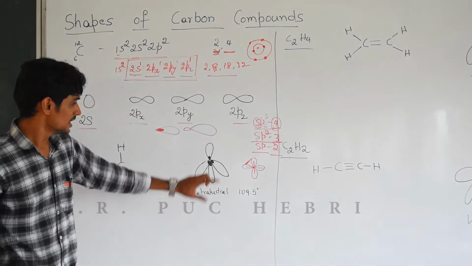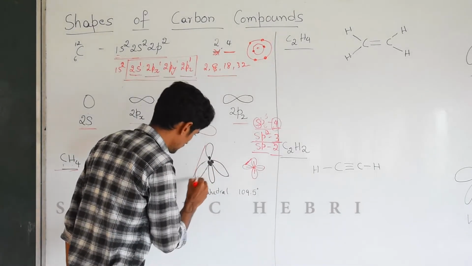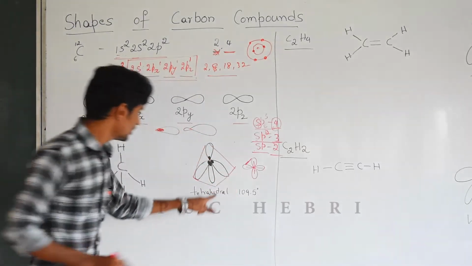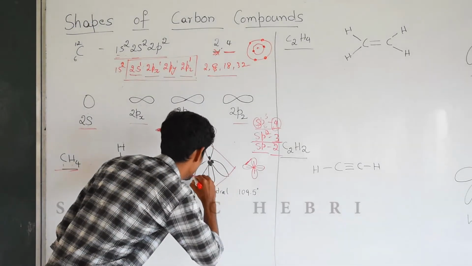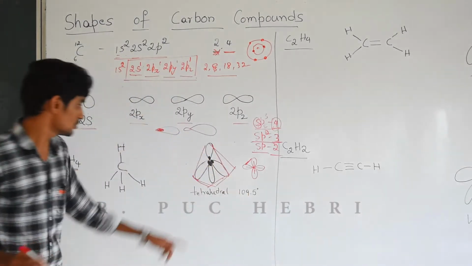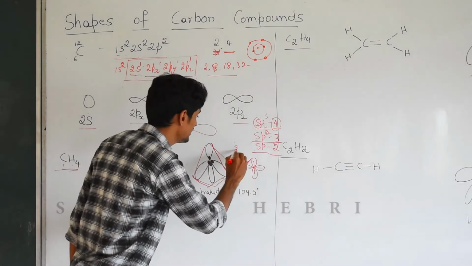So if you just draw a line like this, you will get one square. If this happened, the bond angle would be 90 degrees.